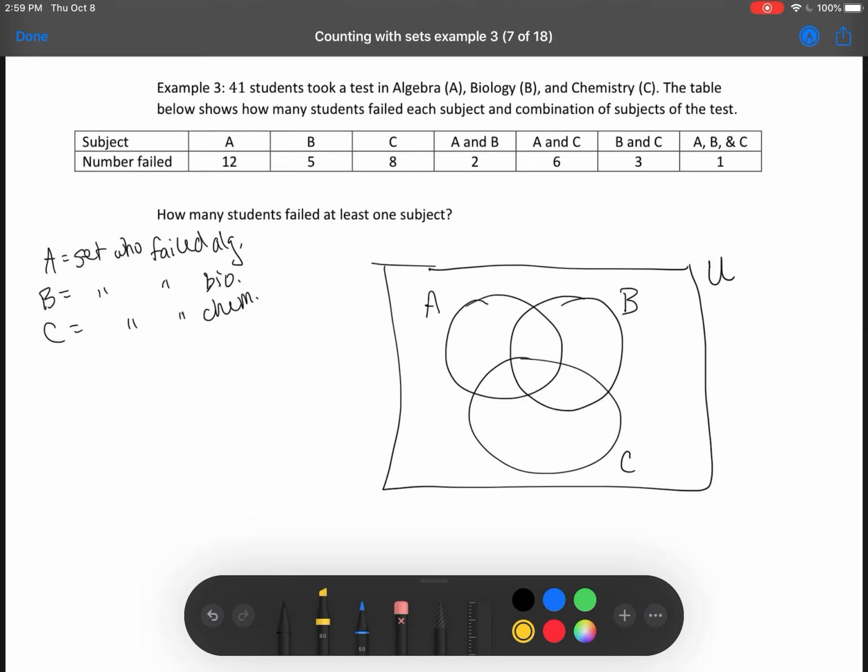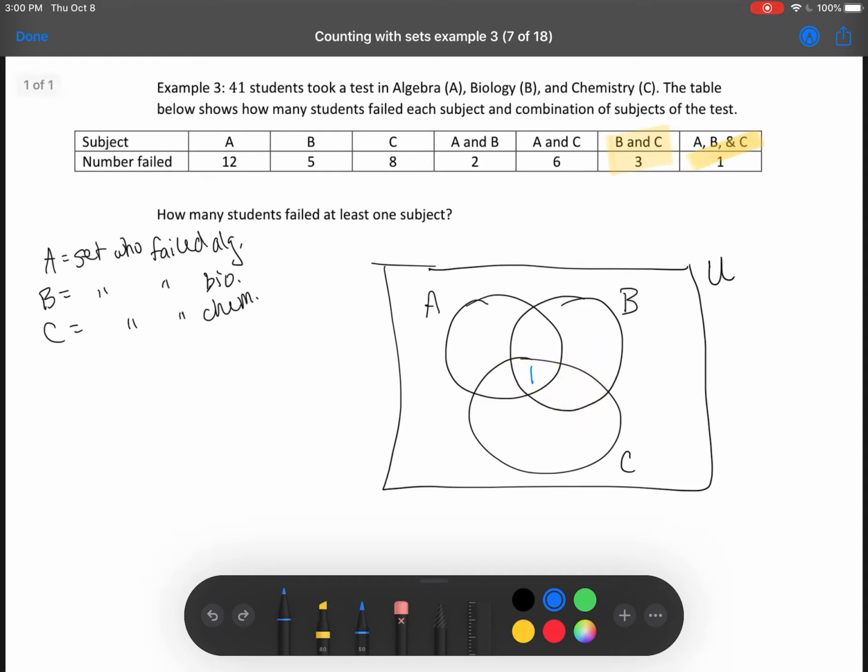Like we did with our previous example with the people liking the pies, we want to start with the intersection of all 3. Since there's one person that failed all 3 subjects, we're going to put a 1 right in the intersection of sets A, B, and C. Now we're going to move almost from right to left in this table. 3 people failed B and C. So remember, the set B intersect C is here, and that means there's a total of 3 people that failed those 2 subjects.